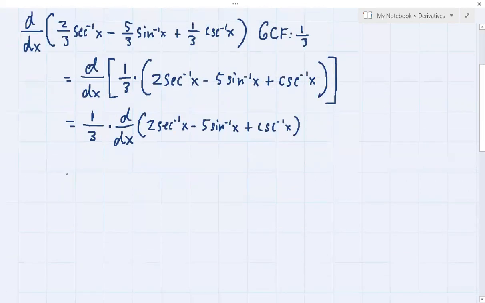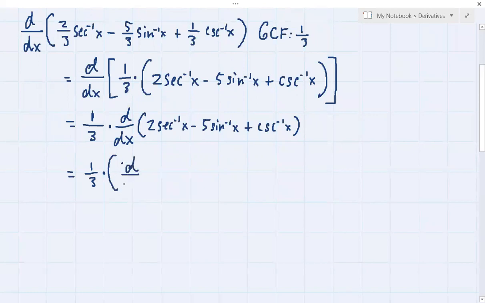As you can see, these are groups of terms separated by addition or subtraction, so we can differentiate the terms one by one.